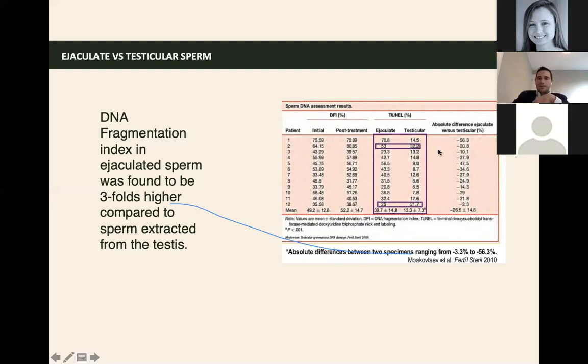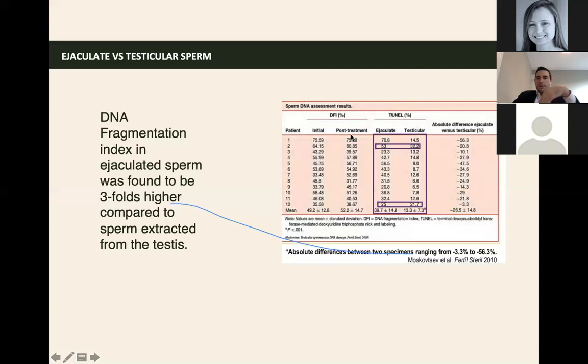You can see here from this table, this is ejaculated sperm, and this is testicular sperm. So sperm taken after we did a surgery, we opened the testicle, and we extracted some sperm directly from the testicle, from the factory, from the production. And you can see across the board that testicular sperm had way lower DNA fragmentation index compared to ejaculated sperm.